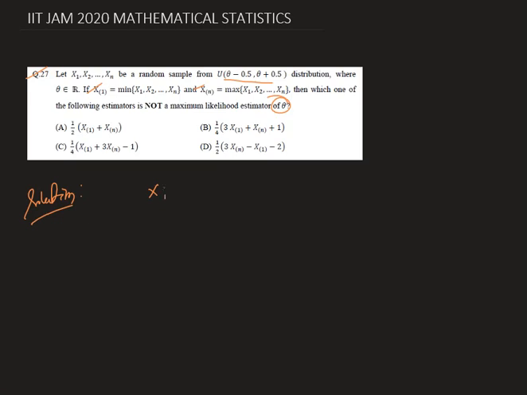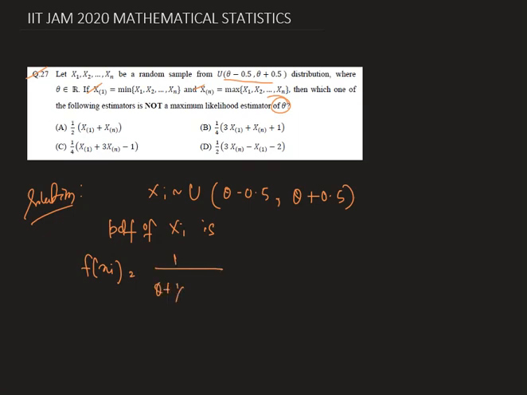Given that xi's are uniform theta minus 0.5 to theta plus 0.5. Therefore the PDF of xi is f of xi equals 1 by theta plus half minus theta minus half, where xi's are in between theta minus half to theta plus half.